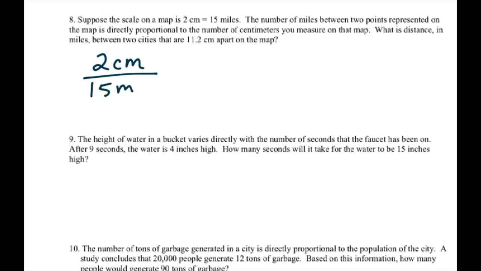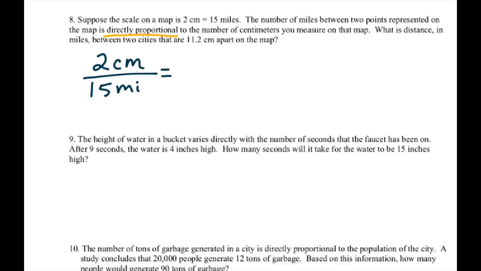So we're going to set this up just like we would a proportion. It says the number of miles between 2 points represented on the map is directly proportional, that's the phrase that we read on the first page, to the number of centimeters you measure on that map. What is the distance in miles between 2 cities that are 11.2 centimeters apart on the map?